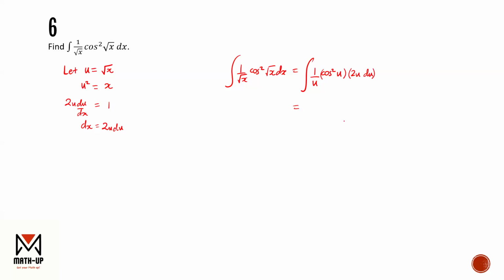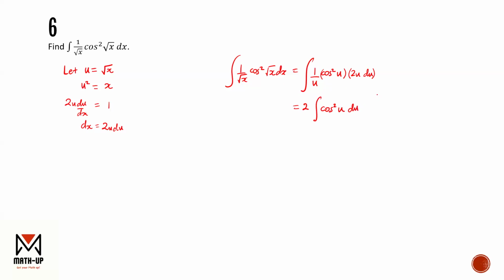What does this leave us with? We'll have a 2 on the outside, times the integral. The u's take each other out, and so we'll just have the cos of u squared with respect to u.